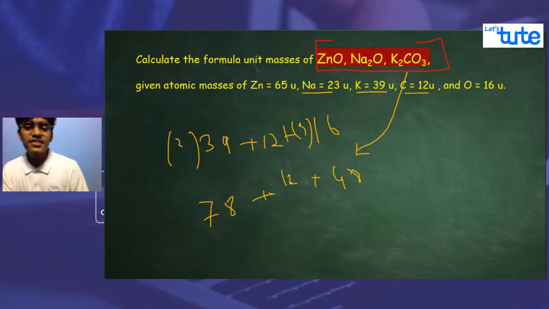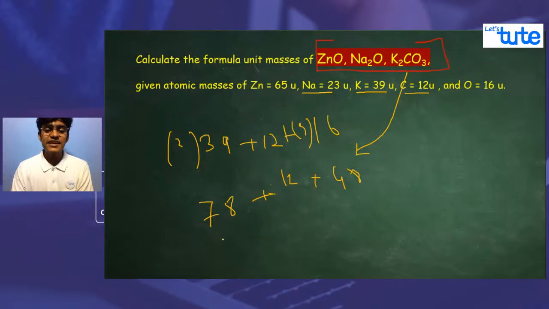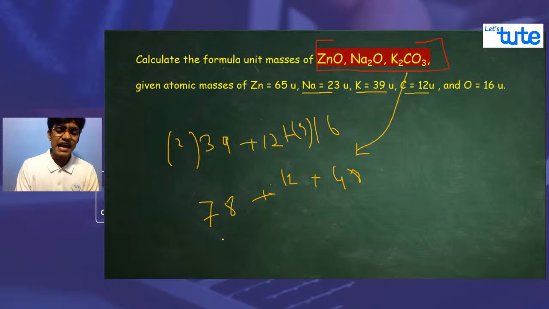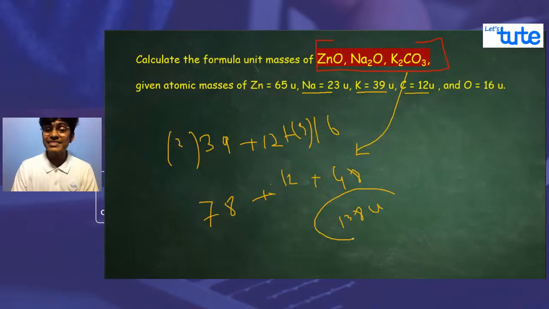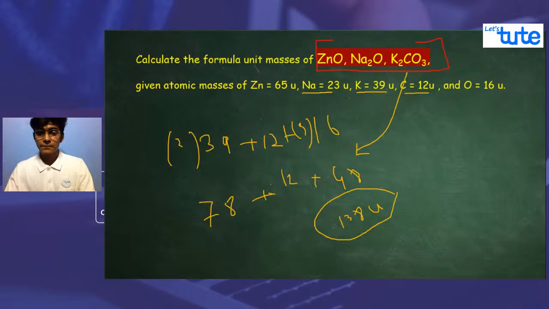These are the values which we get: 78 plus 12 plus 48. We add all of them together, and the answer we get is 138. And don't forget to mention the units. So it's 138 U. I hope you got this answer. Okay, let's try to move further.